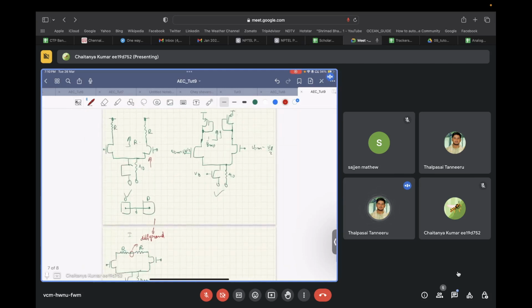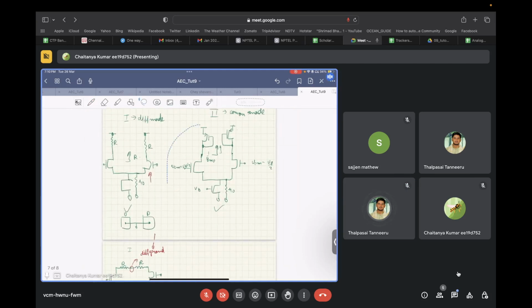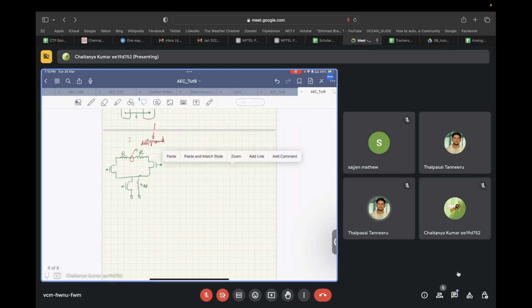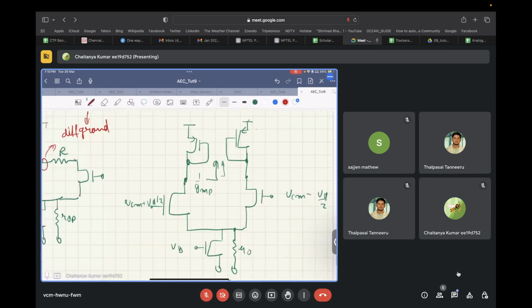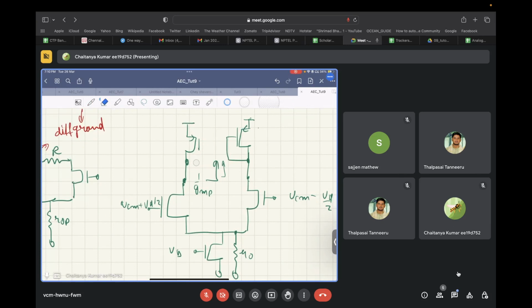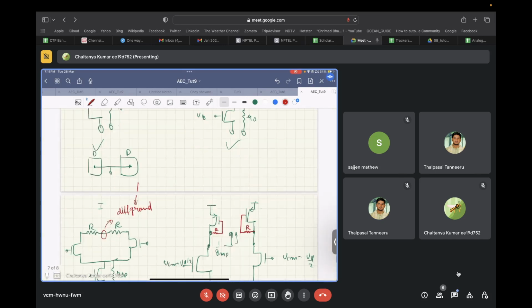In circuit 2, if I modify the circuit as follows, if I put two resistances of value R in this fashion, will anything change for circuit 2?